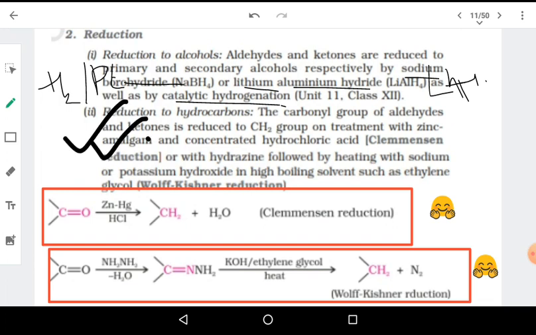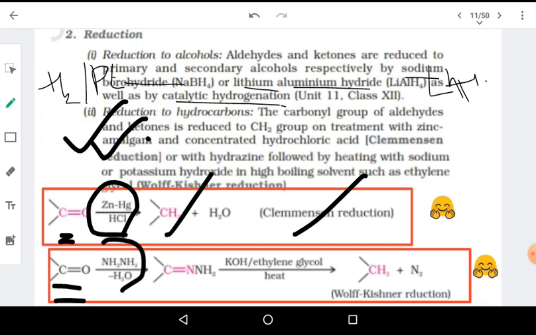Reduction to hydrocarbons. If we have a carbonyl compound and I treat it with zinc amalgam and HCl, we get CH2. This is Clemmensen reduction. If I have a carbonyl compound treated with hydrazine in the presence of KOH, that is basic medium, I will be getting Wolff-Kishner reduction. And these have some exceptions. Here we can see HCl, so it is acid, right?